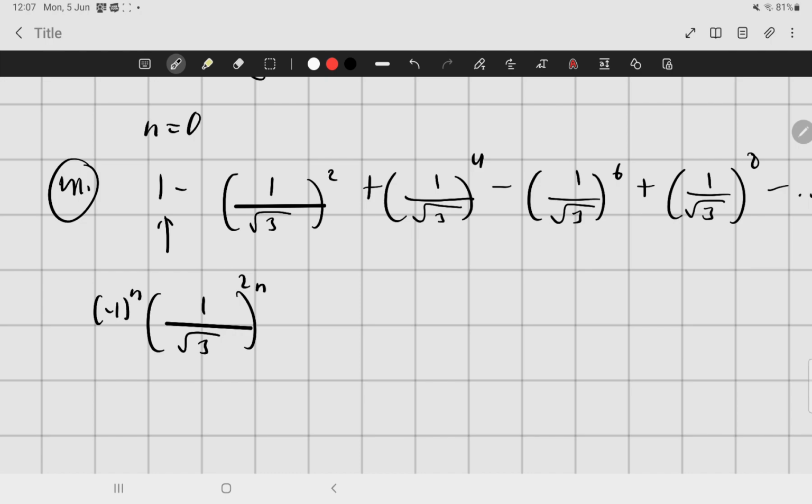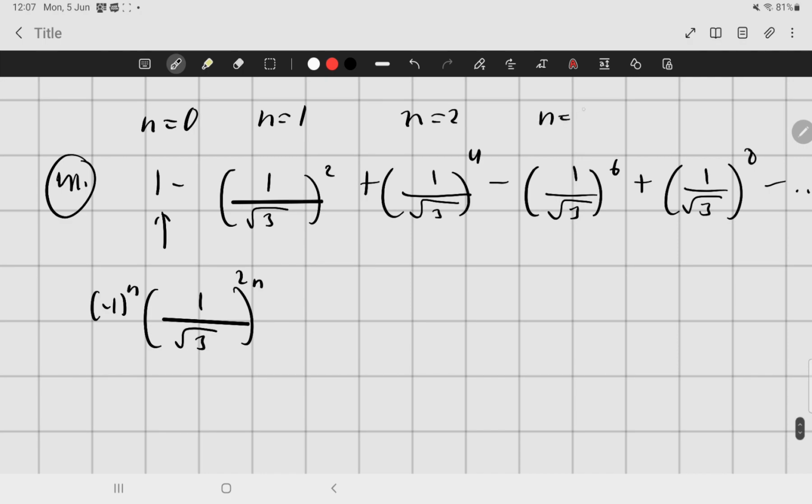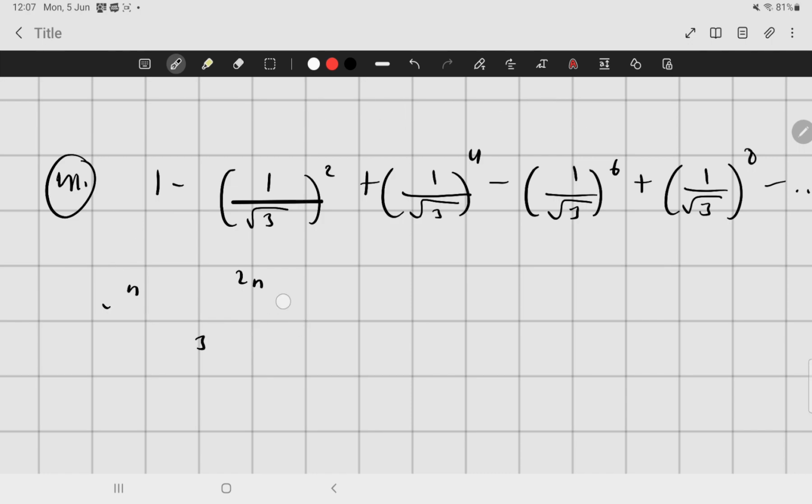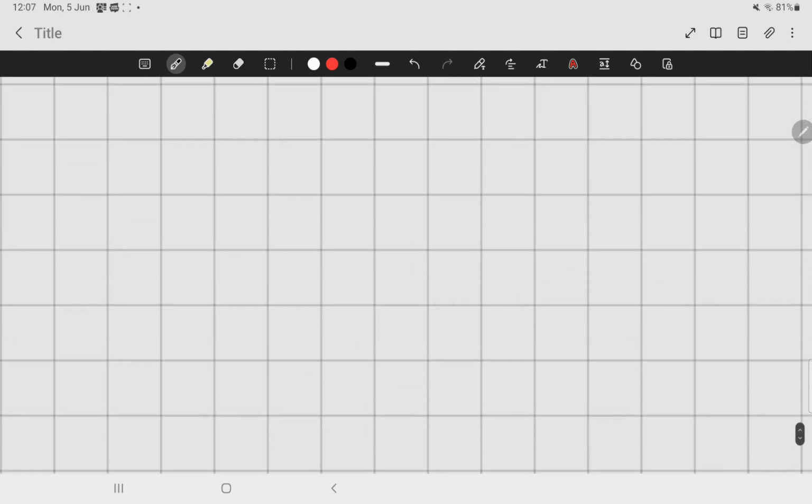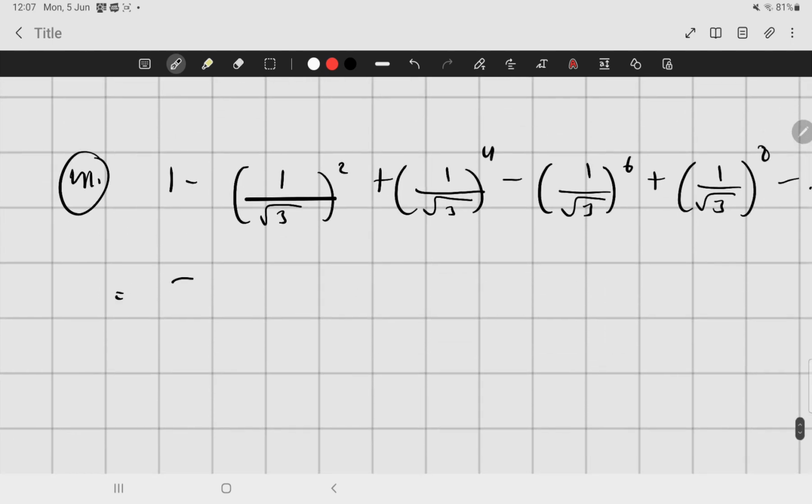Our first term is the 0th term, n equals 0, so we have 1, and when n is 1, it matches the sequence here. A good sign. So now we'll express it as a sum. Here is equivalent to this.